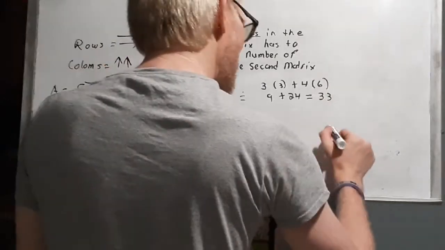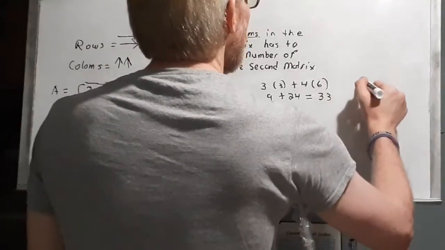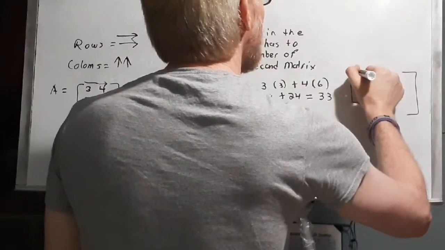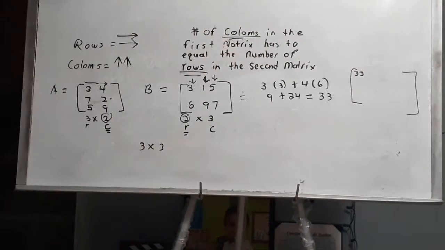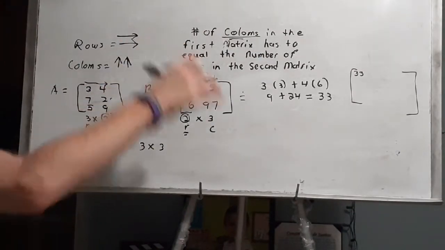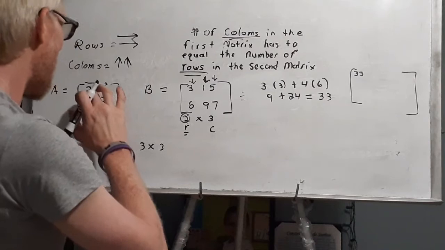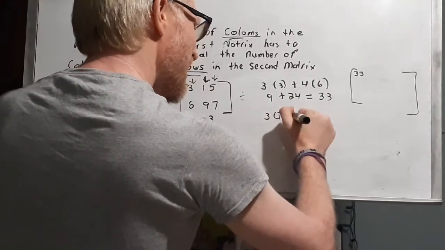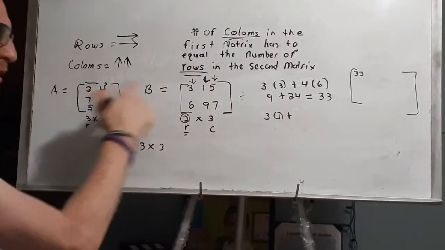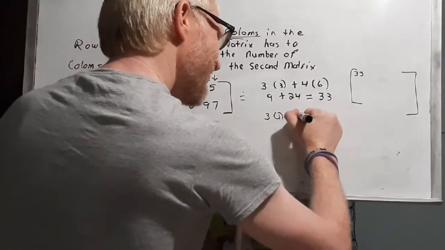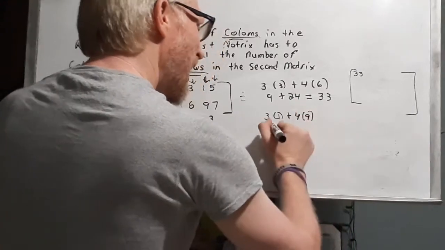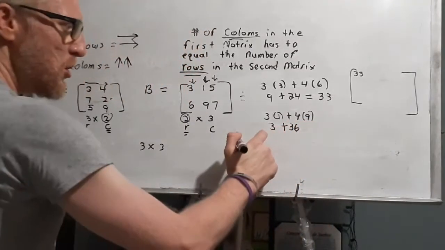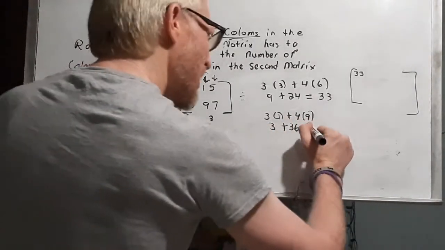So I'm going to write it over here for now. I know that my first number is going to be 33. But I have to multiply it by the second and the third columns respectively. So now I'm going to say 3 times 1 plus 4 times 9. And 3 times 1 is 3, and 4 times 9 is 36. So 36 plus 3 is 39.